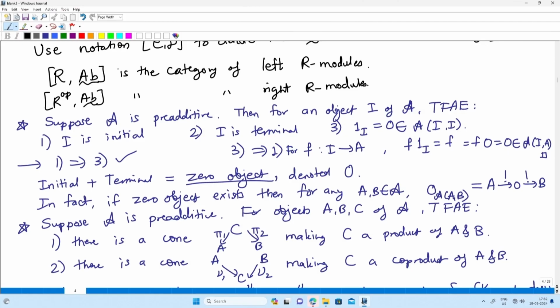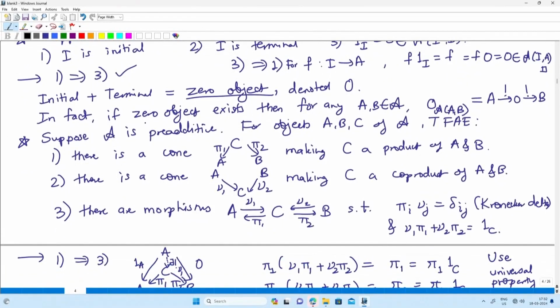Later on, look at what we said. The next result was that for any two objects the product exists if and only if the co-product does, and if and only if the third condition, and the third condition has nothing to do with categorical properties. It only talks about equations, and equations are always preserved. So therefore F also preserves it.